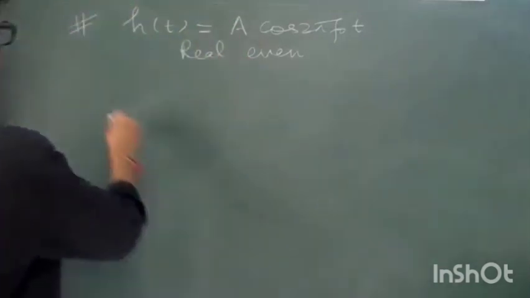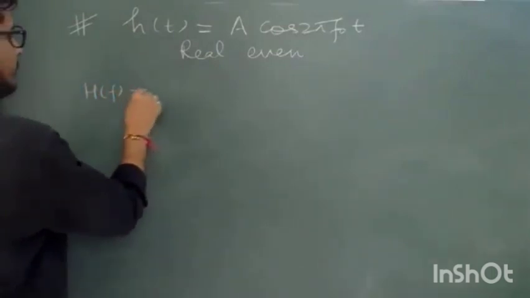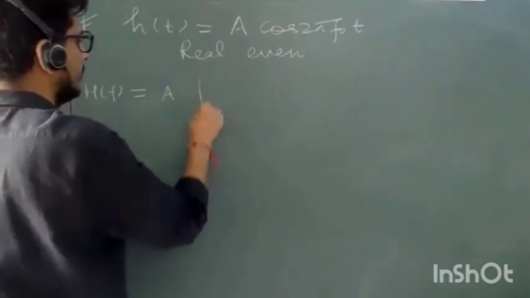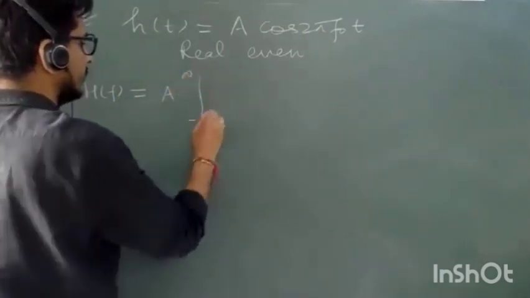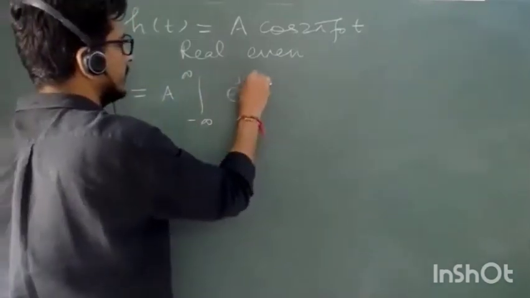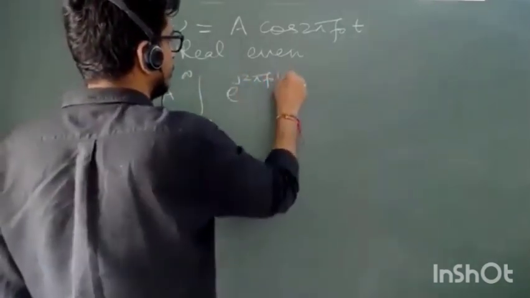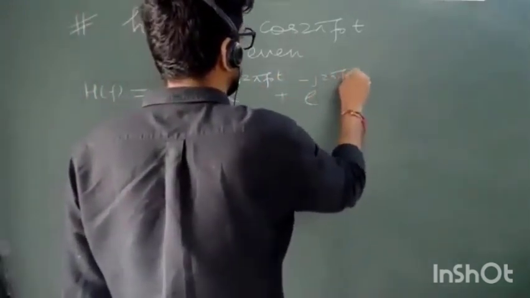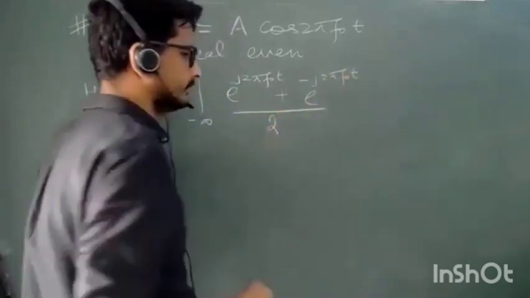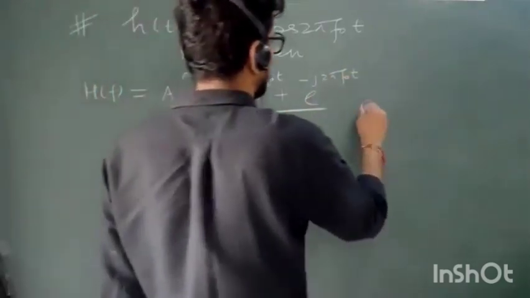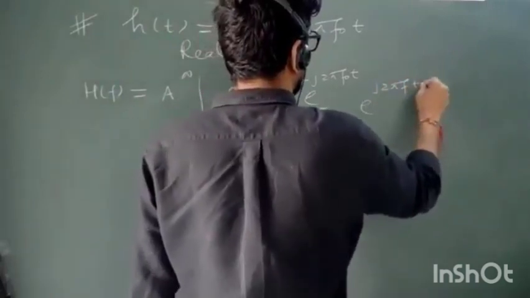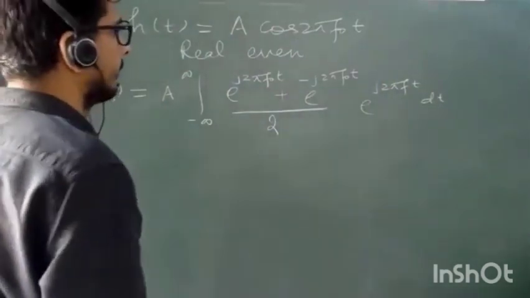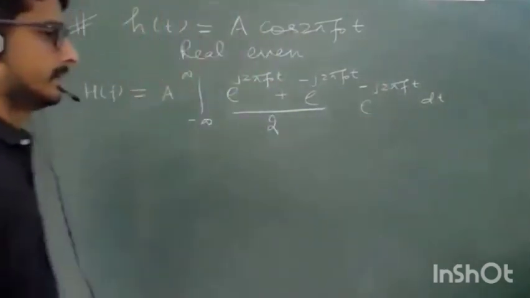So let us see. H(f) this time will become, now I am writing a bit directly, so watch carefully. A will be outside the integral from minus infinity to plus infinity, and it will be e to the power j 2 pi f naught t plus e to the power minus j 2 pi f naught t over 2, into e to the power minus j 2 pi ft dt.